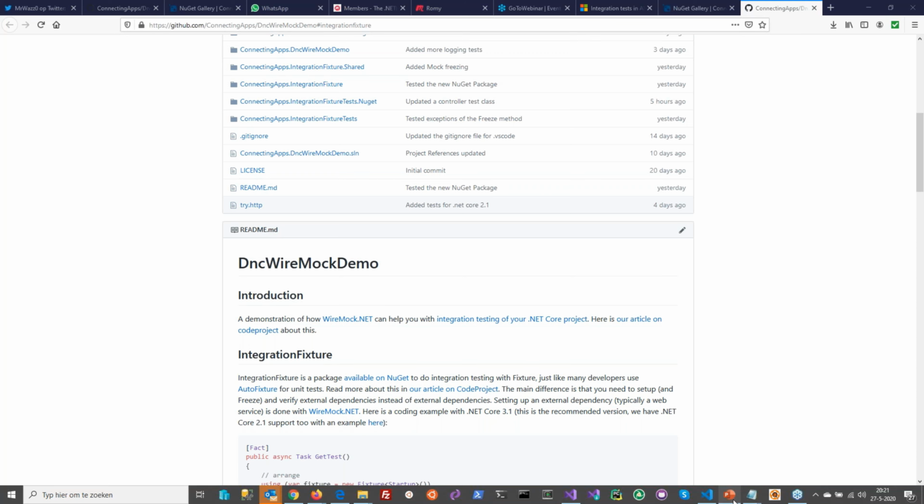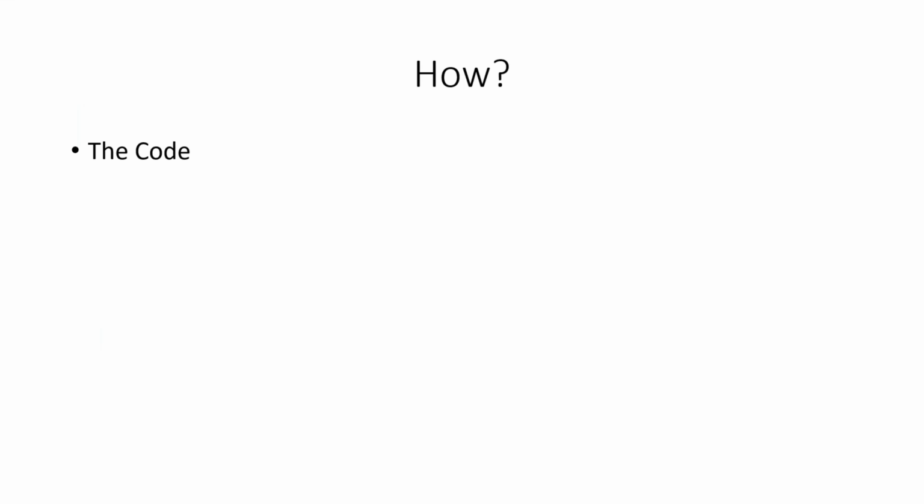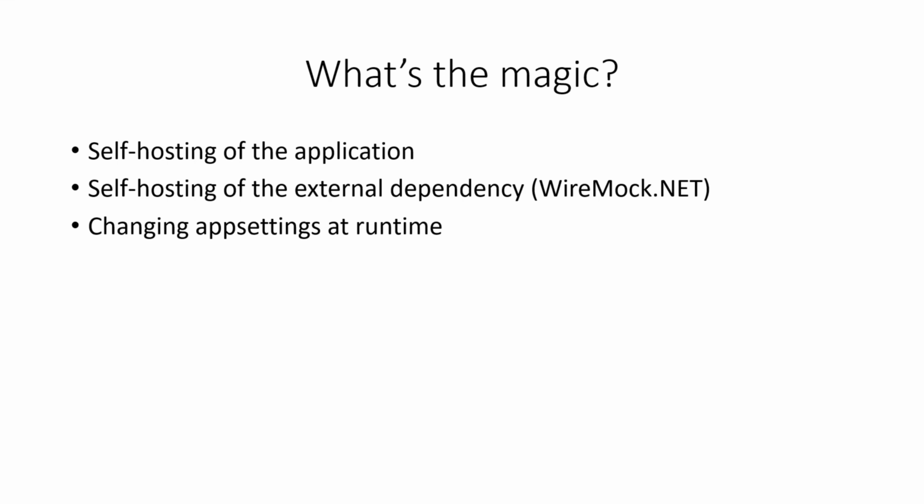So let's go back to the PowerPoint. So this is the how, which is in the code I just showed. What's the magic? The whole magic is that this application uses self-hosting.